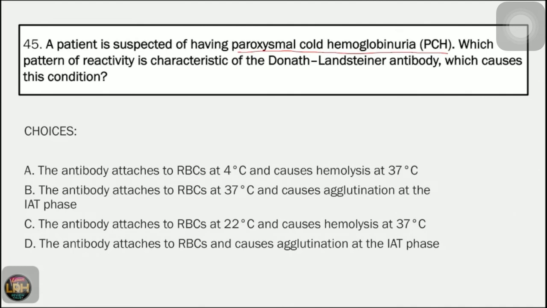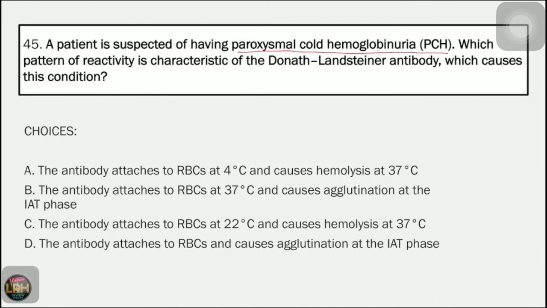Number 45, a patient is suspected of having paroxysmal cold hemoglobinuria or PCH. Which pattern of reactivity is characteristic of the Donath-Landsteiner antibody, which causes this condition? The choices are the following. Letter A, antibody attaches to the red blood cells at 4 degrees centigrade and causes hemolysis at 37 degrees centigrade. B, the antibody attaches to the red blood cells at 37 degrees centigrade, causing agglutination at the IAT phase.